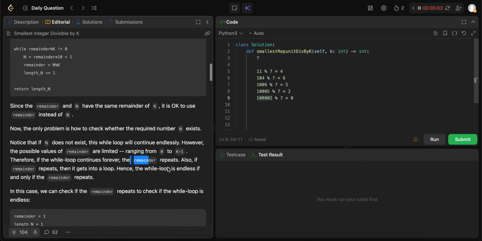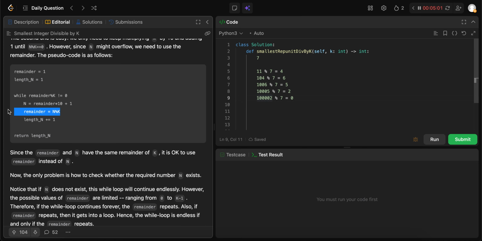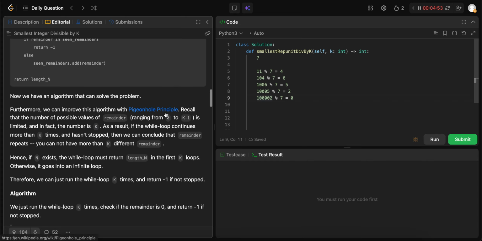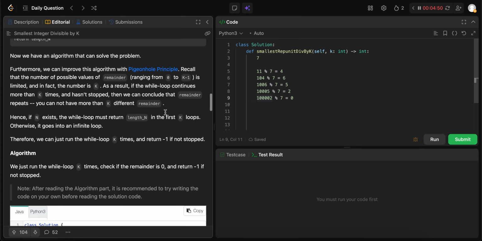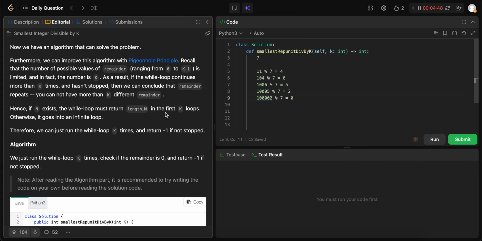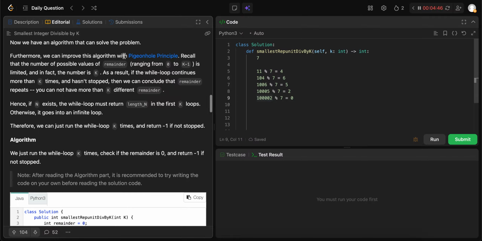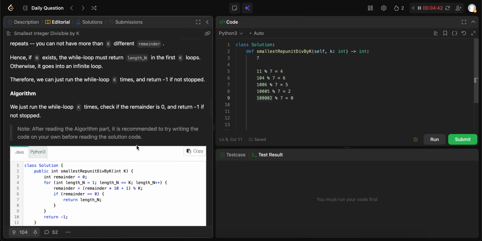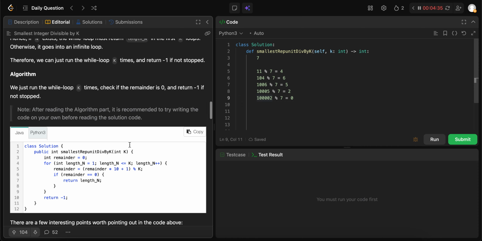I just don't understand how n and remainder have the same remainder. I still don't even understand what they're doing here. Let me see the actual code maybe. The classic pigeonhole principle. All right.